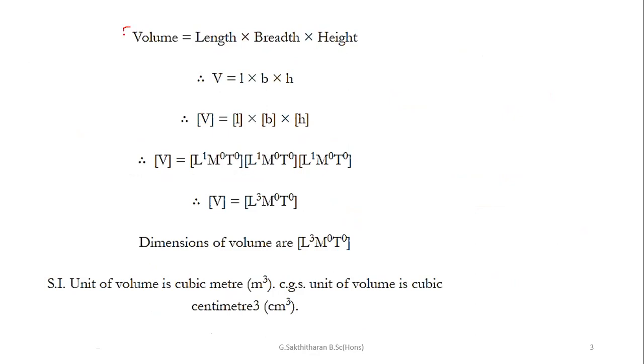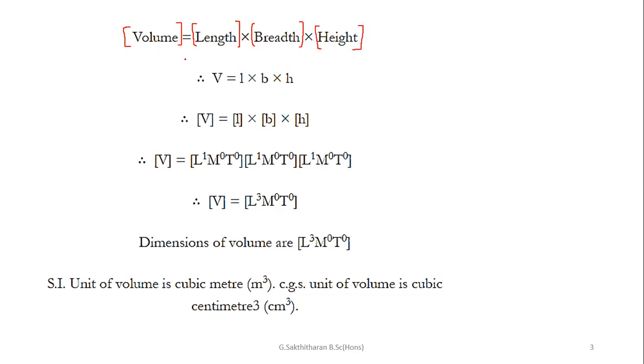So we are using square brackets. Dimension of volume equals dimension of length into dimension of breadth and dimension of height.